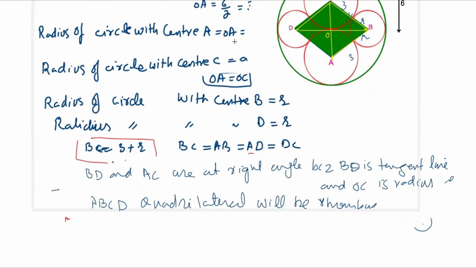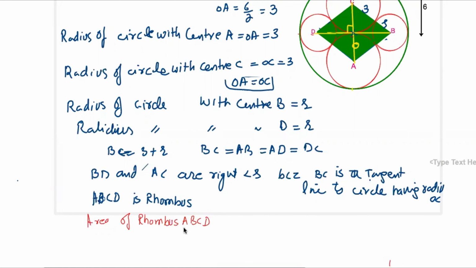Now to calculate the area of the rhombus, the area of a rhombus will be equal to 1 over 2 into the product of its diagonals. The diagonals of this rhombus are AC and BD. The length AC will be equal to 3 plus 3, because OC length is 3 and OA length is 3.